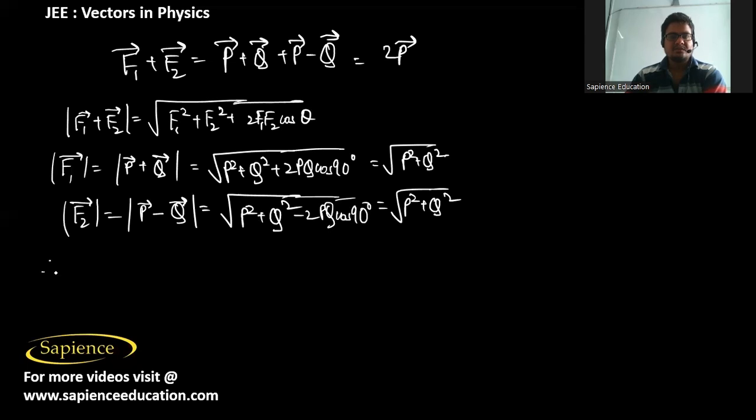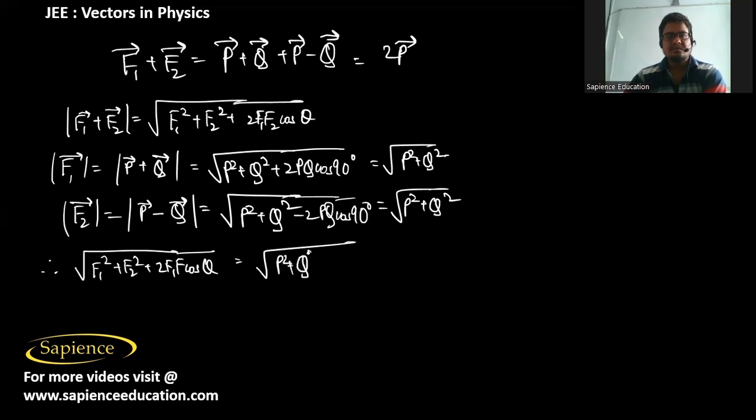So here it is told the magnitude of the square root of f1 square plus f2 square plus 2 f1 f2 cos theta, that will be equal to the square root of p square plus q square plus p square plus q square plus 2 f1 f2, that is 2 into p square plus q square into cos theta.